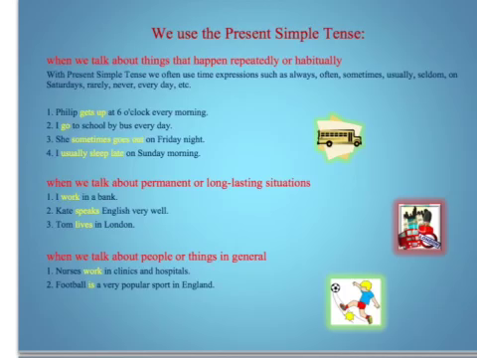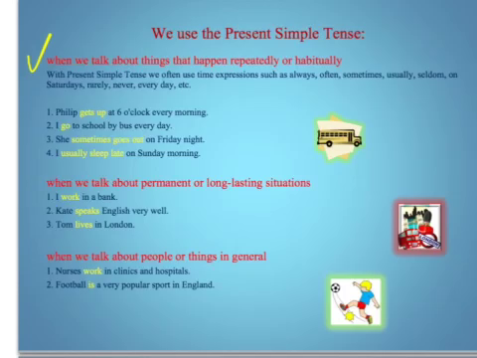We have already learned how we form the present simple tense and its structure. Now we will learn how and when we use the present simple tense. We can use the present simple tense when we want to talk about things that happen repeatedly or habitually.